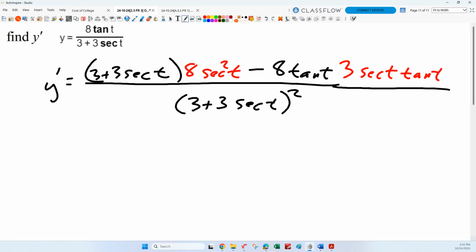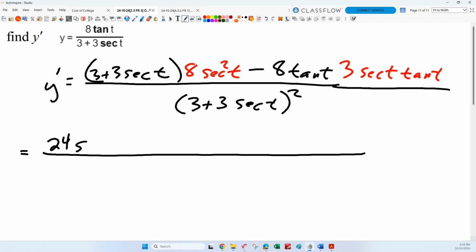So distribute the 8 secant squared, right? And this is going to give us, on the top, 24 secant squared t plus 24 secant cubed, right?